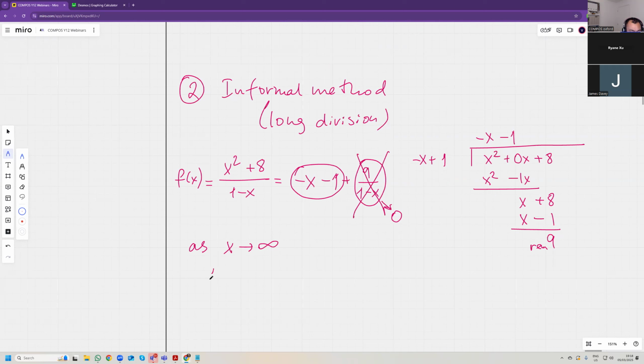So f of x is approximately the same as minus x minus 1. And that's what we call the asymptotic behavior. This is a very physicist approach, and I really like it. It's harder to spot though.